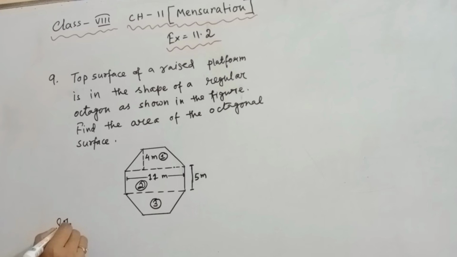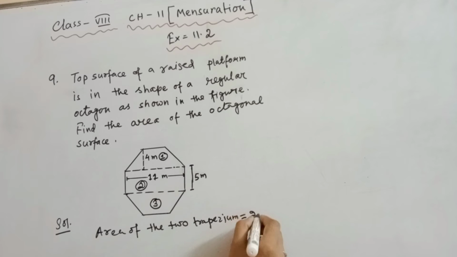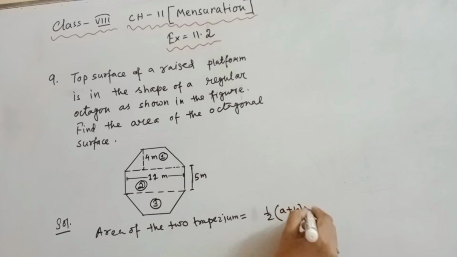Solution: area of the two trapezium is equal to 2 into, you know that area of the trapezium is equal to half into sum of the parallel sides into height. Half into sum of the parallel sides, that means a plus b, into height.